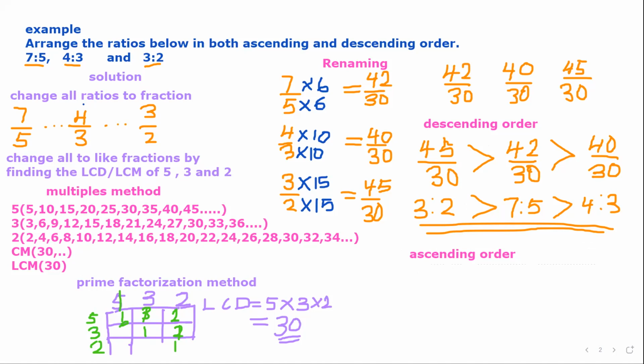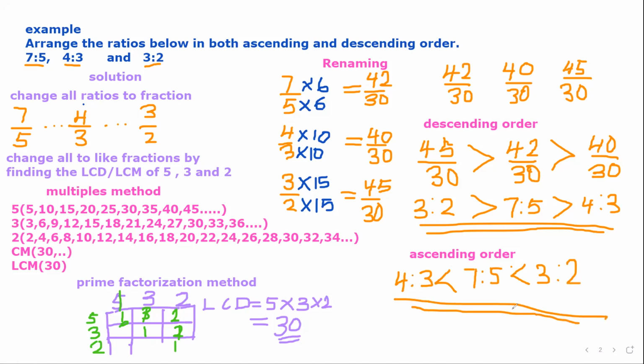So without wasting time, 4 to 3, which is less than 7 to 5, which is also less than 3 to 2. Okay, good. So this is how the ascending order also will be. Okay, good.